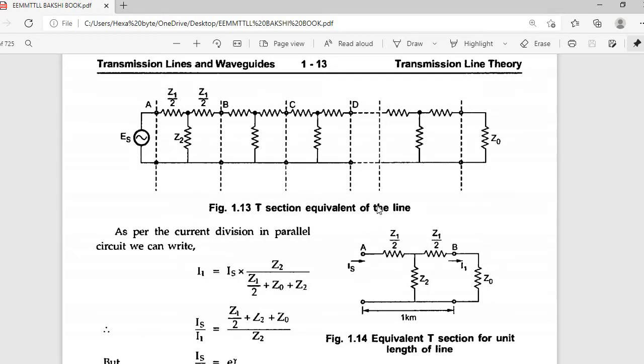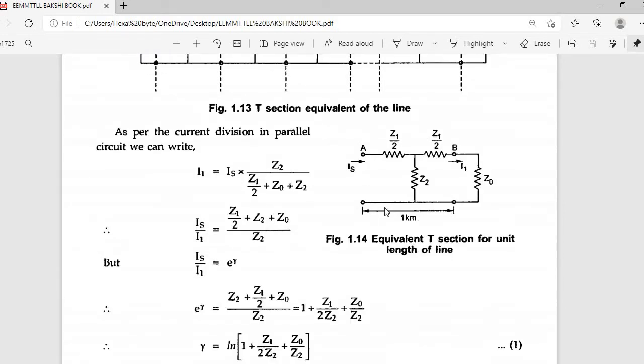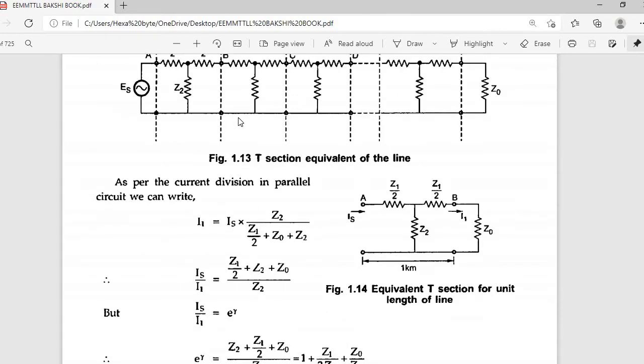Here Z1 by 2, Z1 by 2, Z2, Z0: we are taking one identical section, that is 1 kilometer, each and every section a kilometer. So I1 is equal to IS into Z2 divided by the total resistance, Z1 by 2 plus Z0 plus Z2.